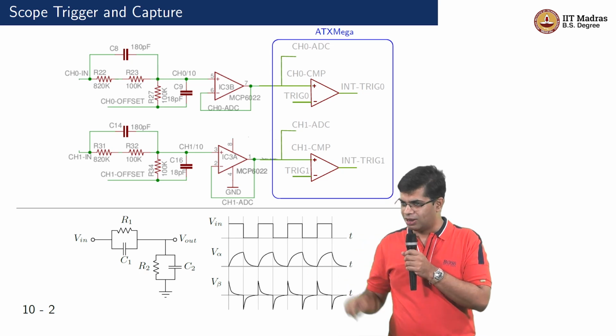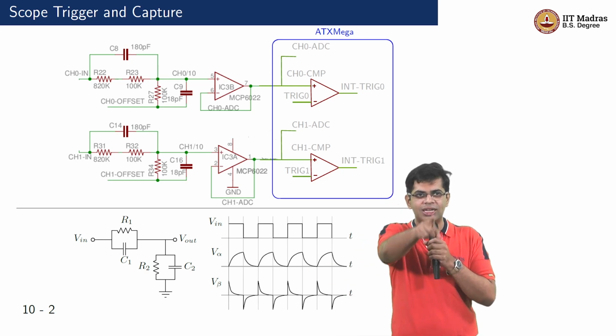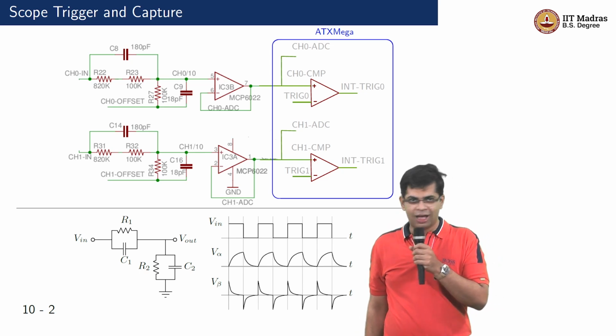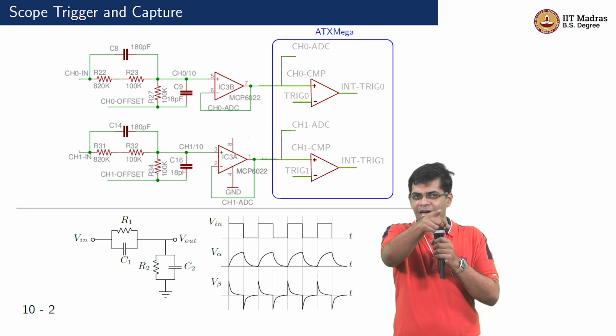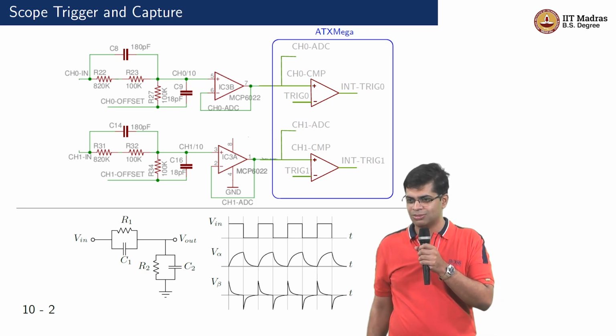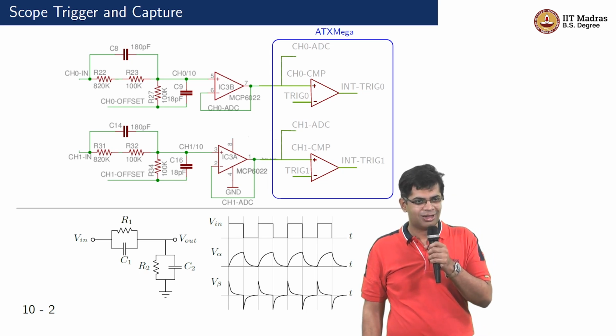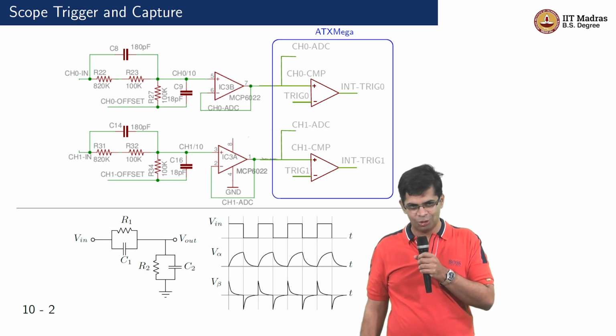If I give a square wave V in, you will see one of those three. I will either see V alpha or V beta. V alpha is a low pass version. V beta is a high pass version.